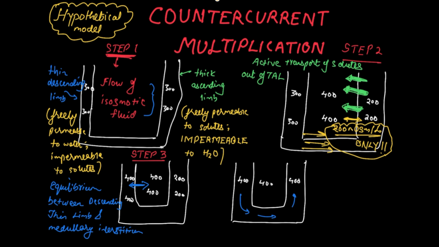We can reach up to 1200 milliosmoles per liter, but it cannot reach at one go because the thick ascending limb has a limitation. It is able to establish a concentration gradient of only 200 milliosmoles per liter. So there is flow of this hyperosmotic fluid from the thin descending limb into the thick ascending limb.